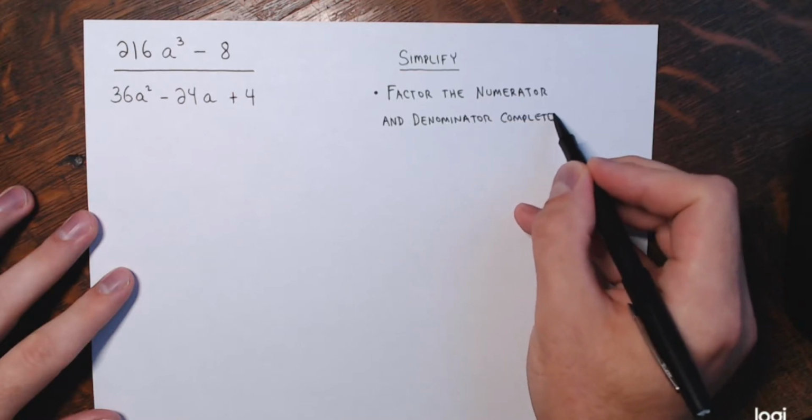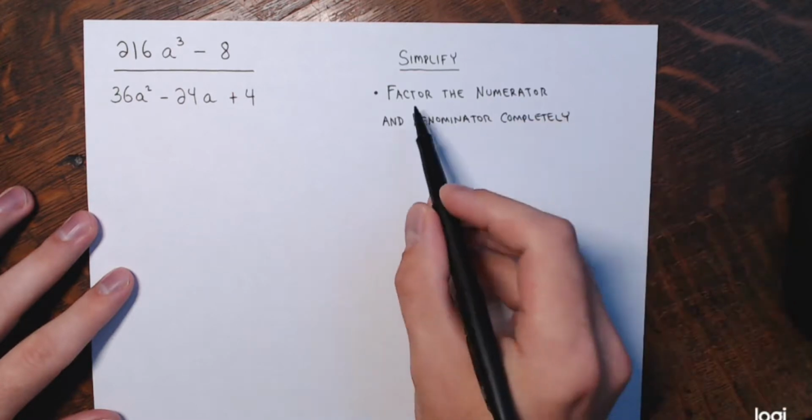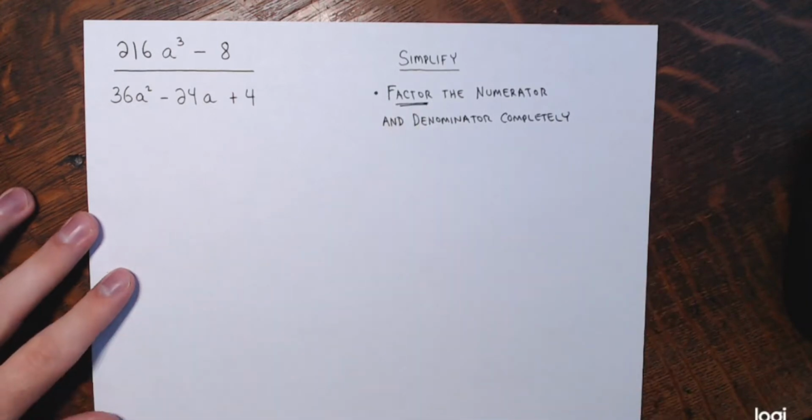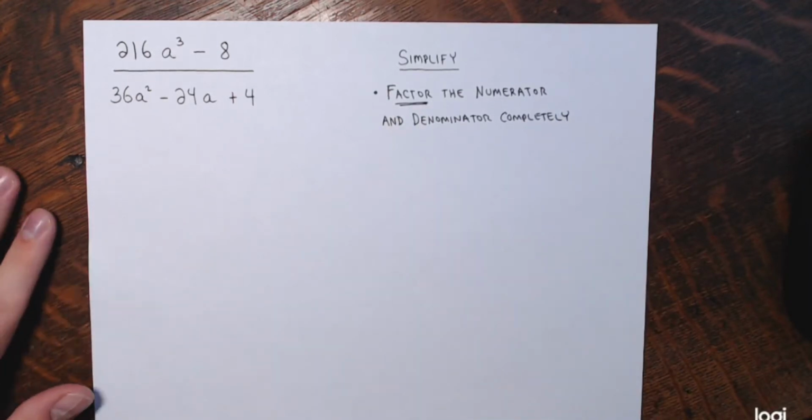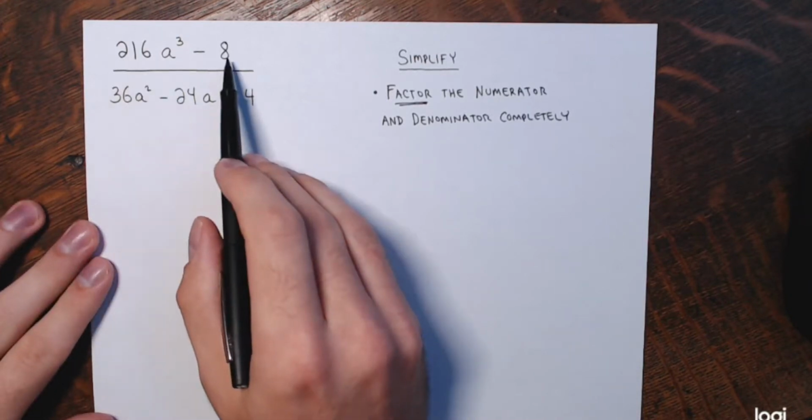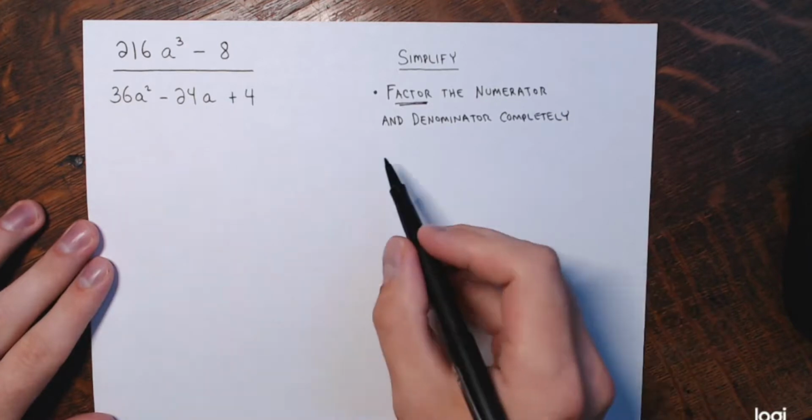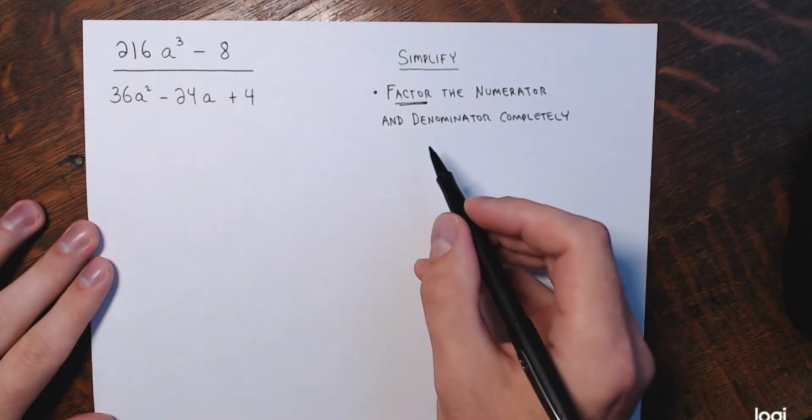So factoring. Now I'm going to be assuming here, since we're in section 7.1, chapter 7, and we've done the chapter 6 stuff before, that you've seen that. I'm assuming that you know how to factor polynomials completely. Alright, so I'll start with the numerator here.